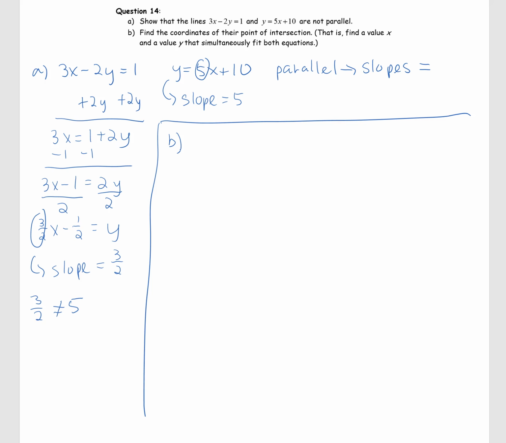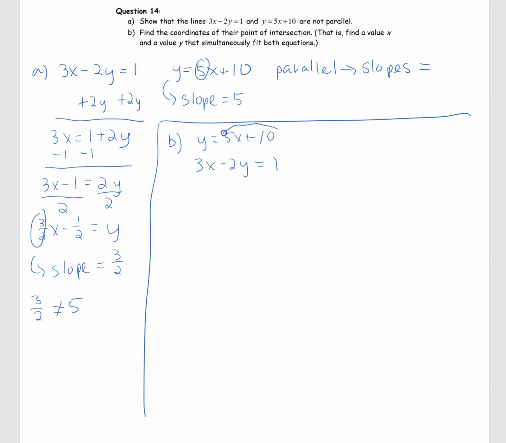So with the second equation, y equals 5x plus 10, we have an expression for y in terms of x. So we can use this to plug into our first equation, where we have 3x minus 2y equals 1.